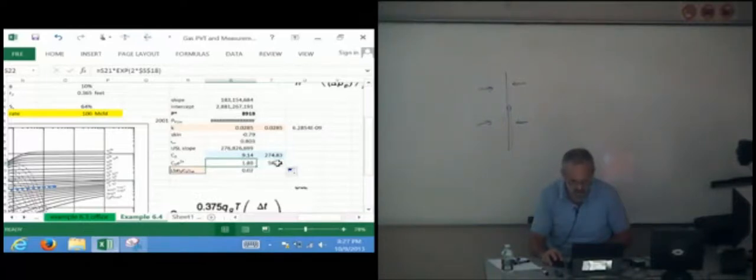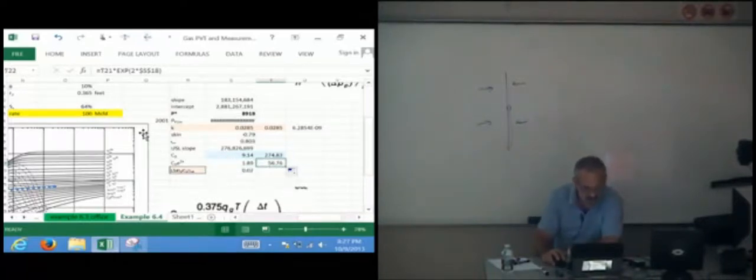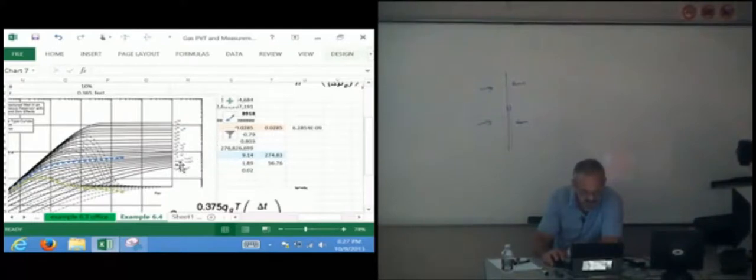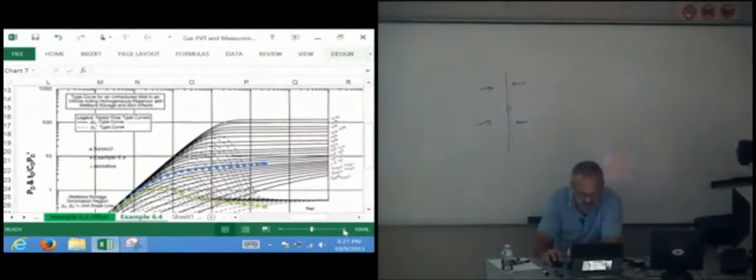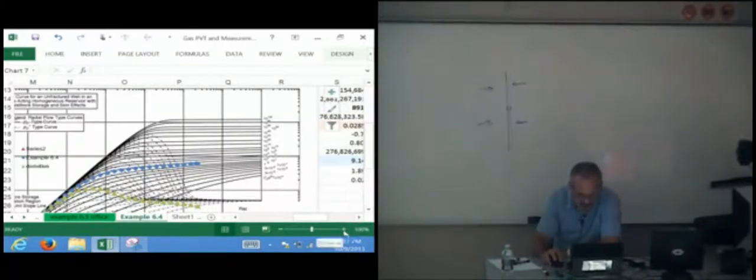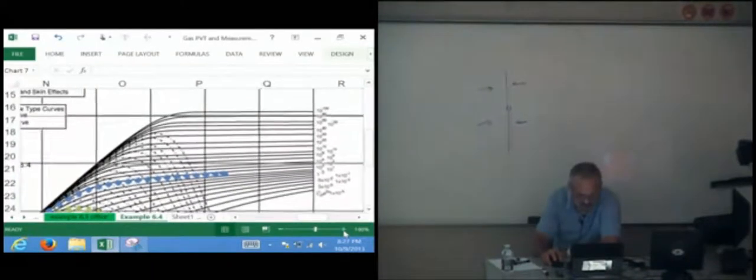So 1 or 56. Now I have to really blow this up here because on my blue line I should be on one of those two numbers, and I'm not going to be able to tell which one I'm on because the scale is really tight here.